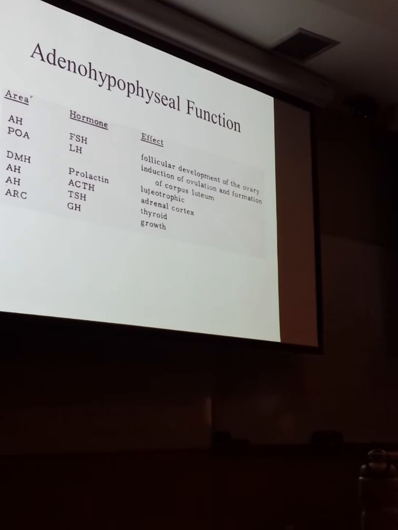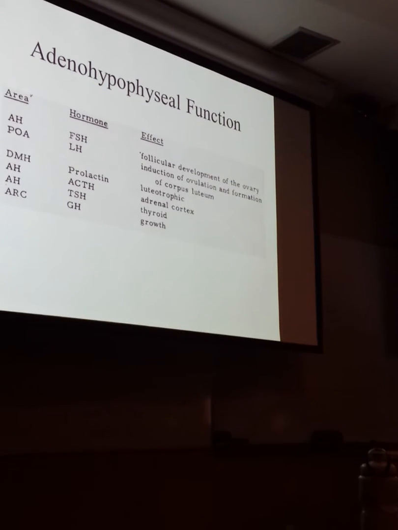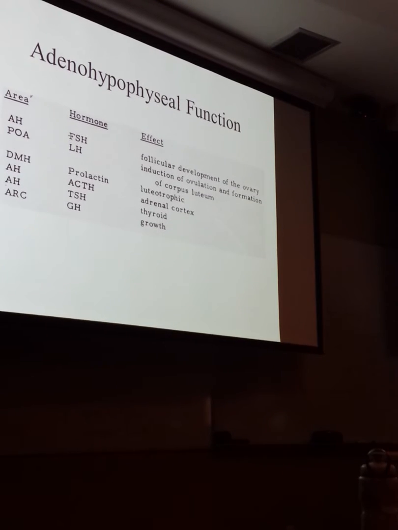Now the anterior pituitary makes a number of very important hormones. The areas of the hypothalamus that create the releasing factors that produce these hormones are listed in this diagram. The anterior hypothalamus has releasing factors that go down to the pituitary and release follicle-stimulating hormone.